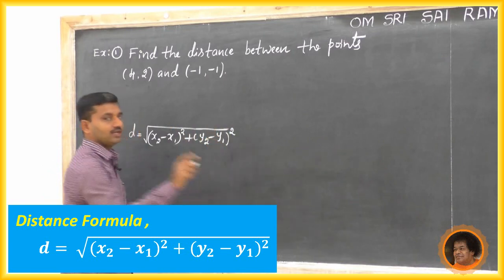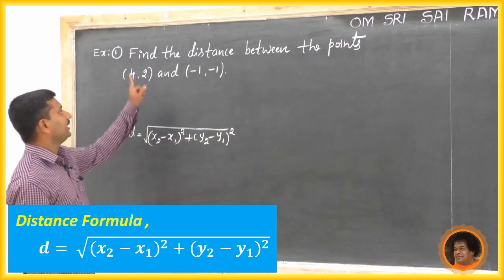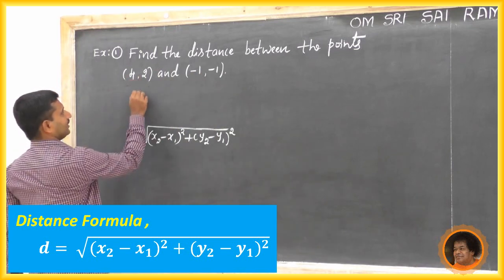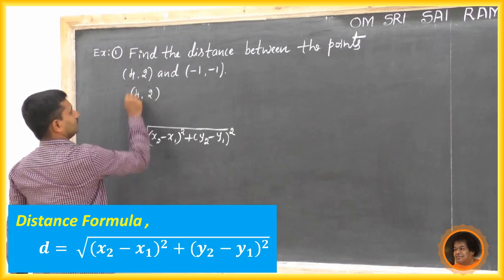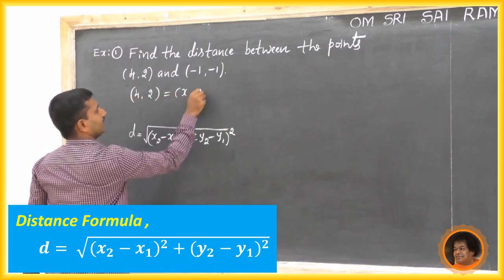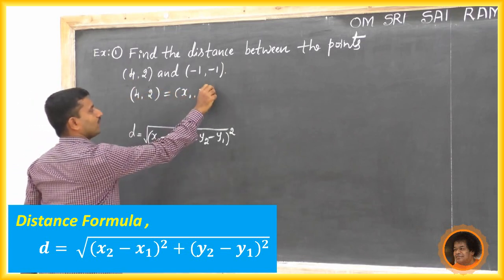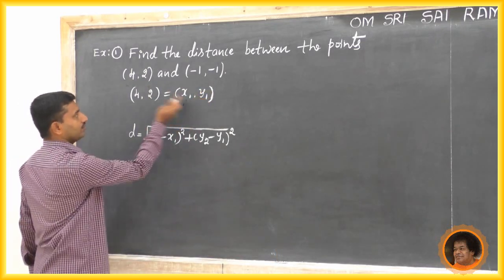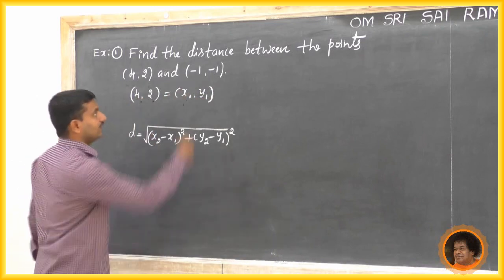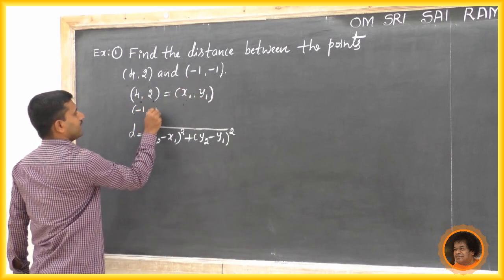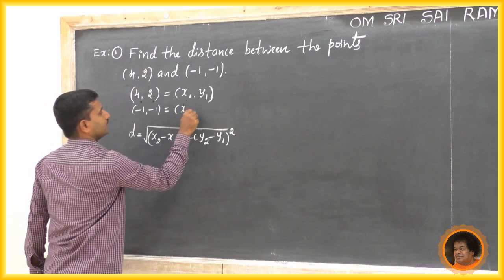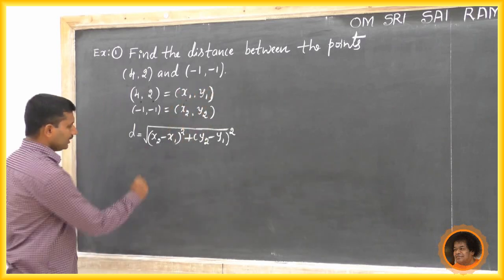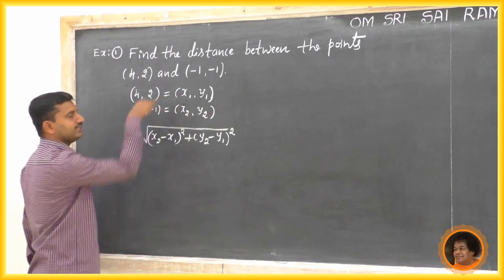Let 4, 2 be x1, y1, and minus 1, minus 1 be x2, y2. Now find the distance between these two points.